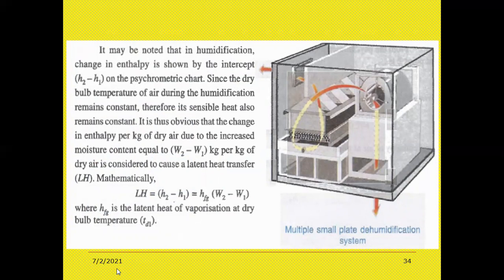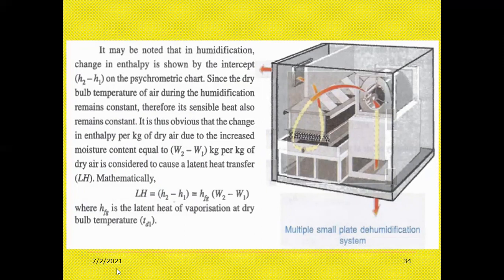Since the dry bulb temperature of the air during the humidification remains constant, the sensible heat also remains constant. Therefore, the change in the enthalpy per kg of dry air due to the increased moisture content W2 minus W1 kg per kg of air is considered to cause a latent heat transfer LH.